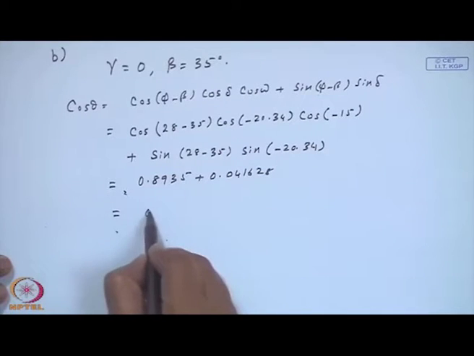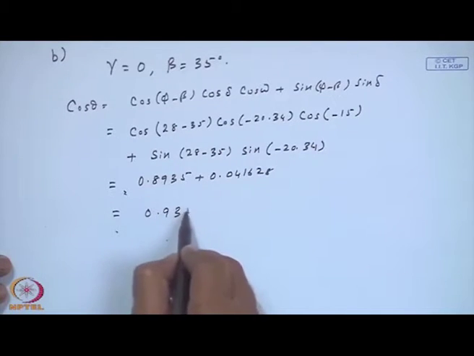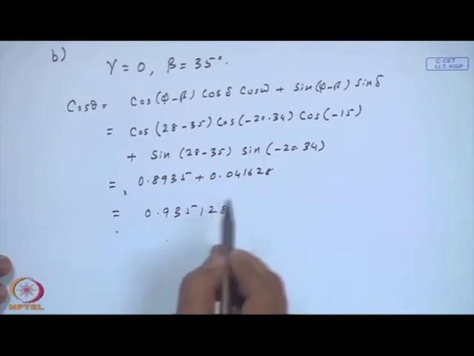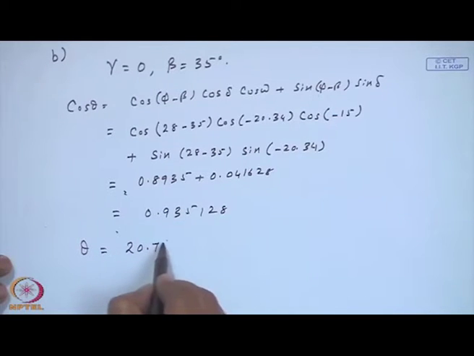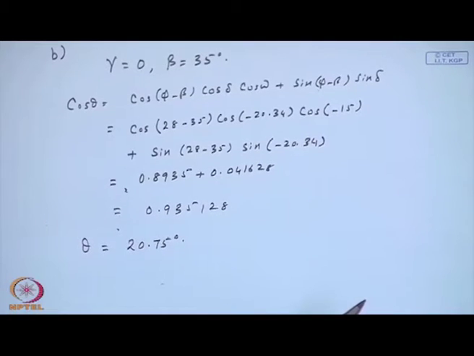This is equal to 0.935128. So, cosine inverse gives theta of 20.75 degrees. Now, let us have a simple feel whether it is a good enough estimate or not.